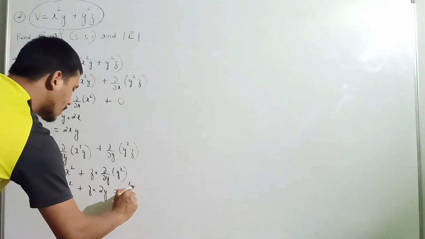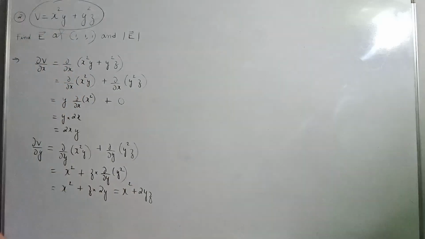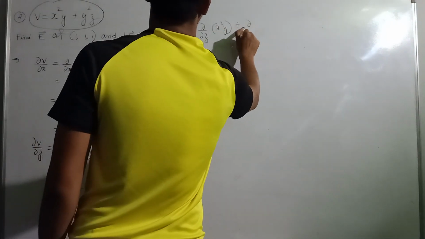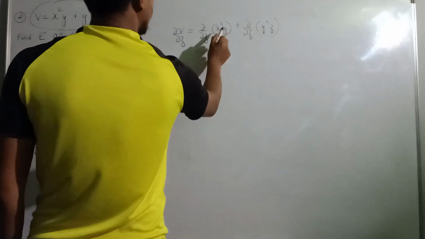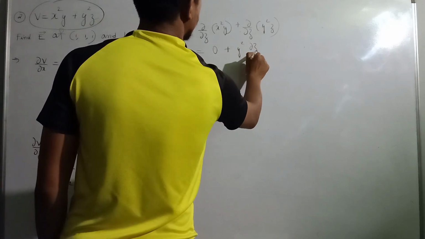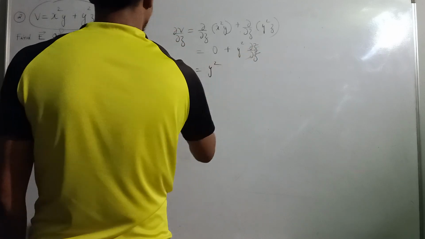So that is x square plus 2yz. Did you get this? Okay. And del V by del z will be del by del z of x square y plus del by del z of y square z. This is purely constant, 0. Here y square comes out, so del z by del z is 1, so y square.